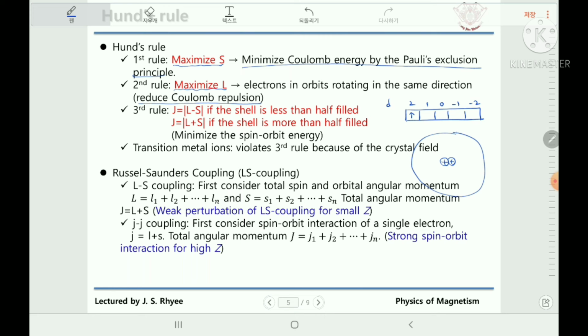Angular momentum means the rotation revolving around the nucleus. Let's think about one electron moving around in this direction. It is positive; we define it as the positive L direction. In a different direction, it is -L.